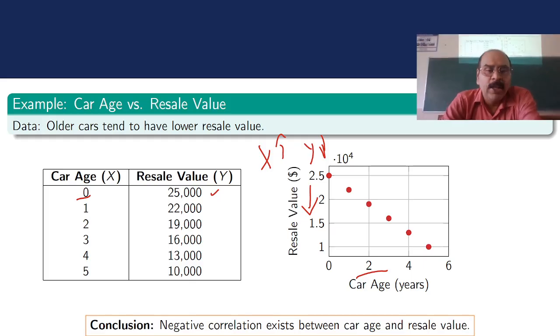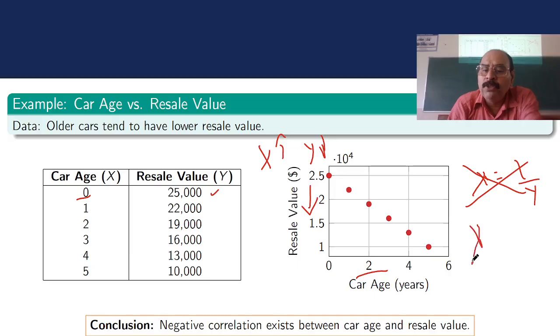Say x is equal to 1 by y is a negative correlation function. As x increases, y naturally tends to decrease. Or sorry, let me put it the other way around: y is equal to 1 by x, because x is the independent variable.